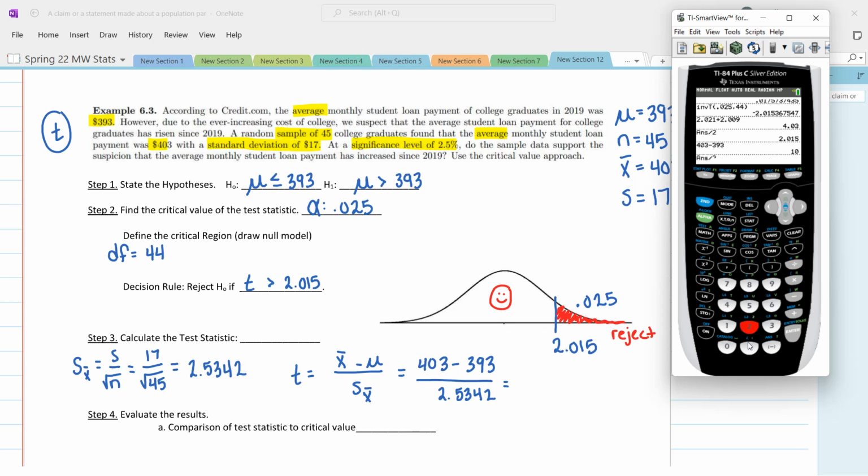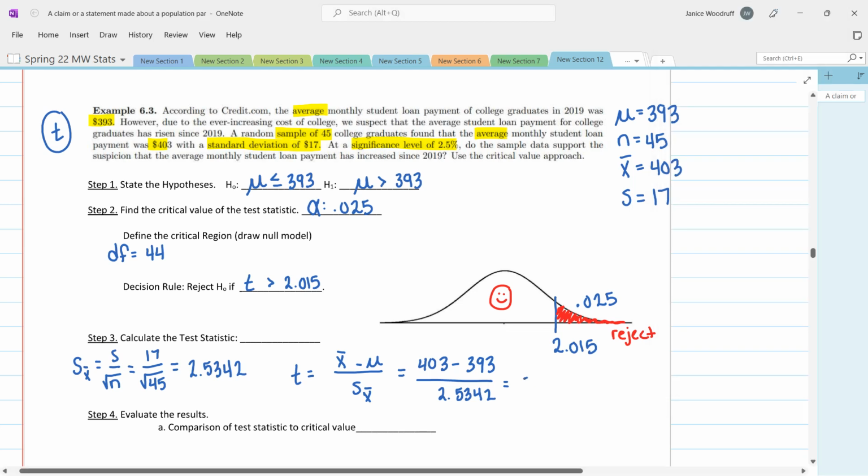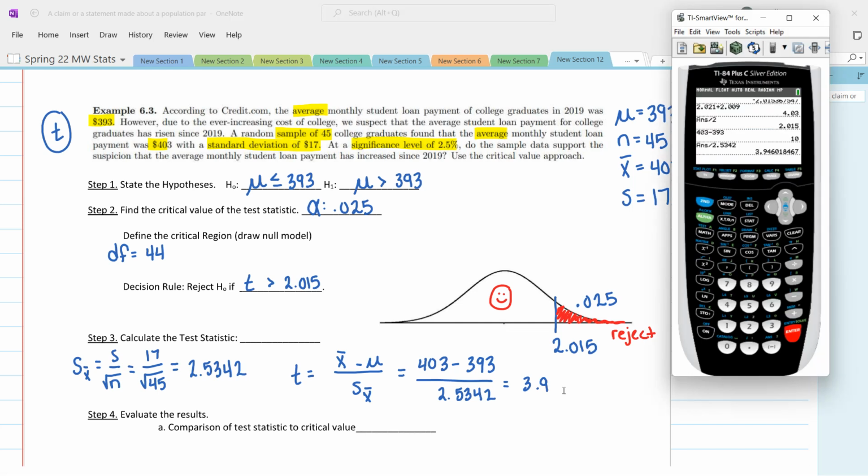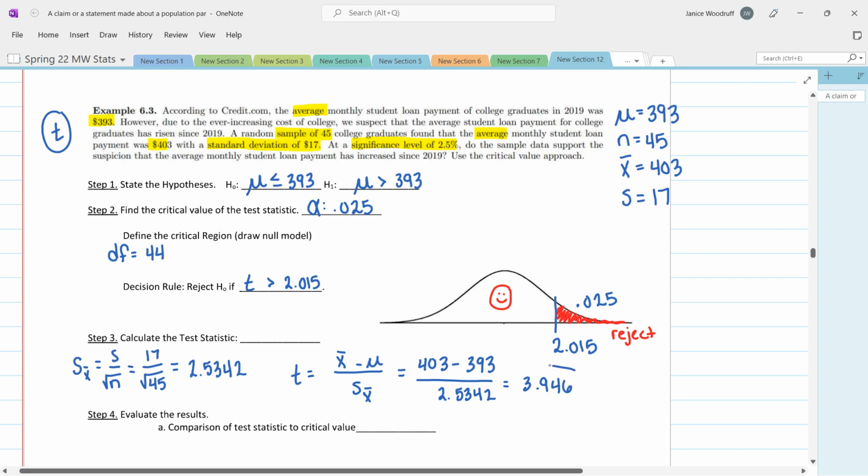Divide that by 2.5342, and we are getting 3.946. That's way over here. All right, so that's our test statistic.